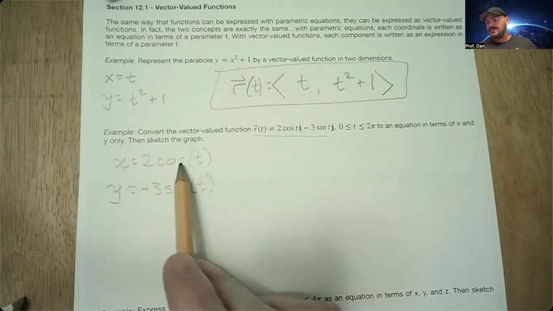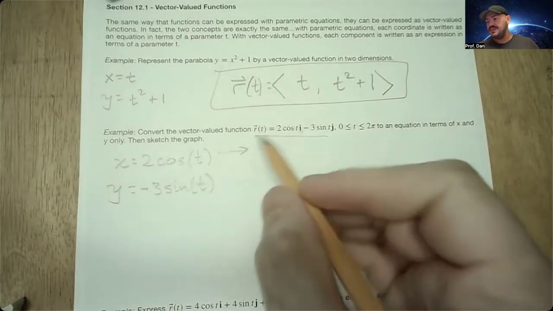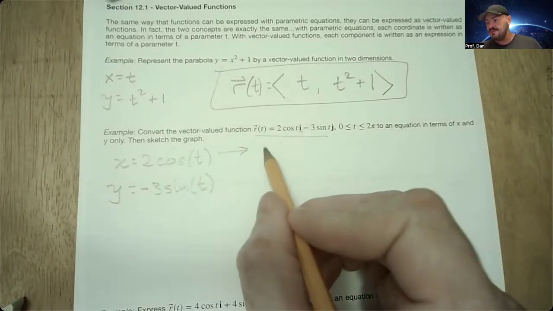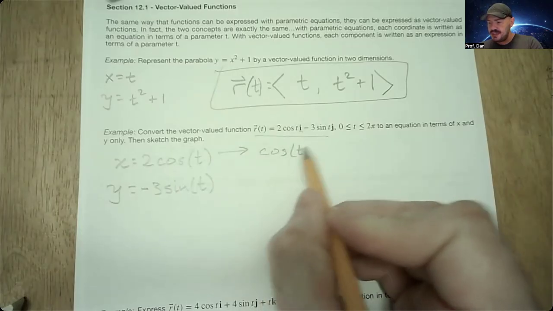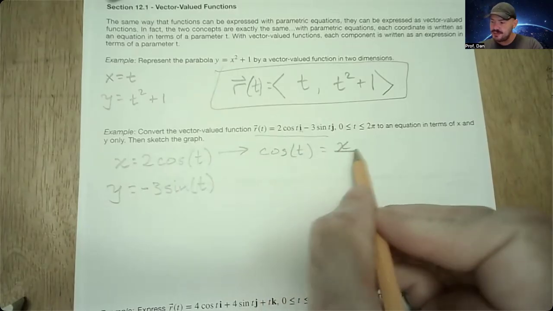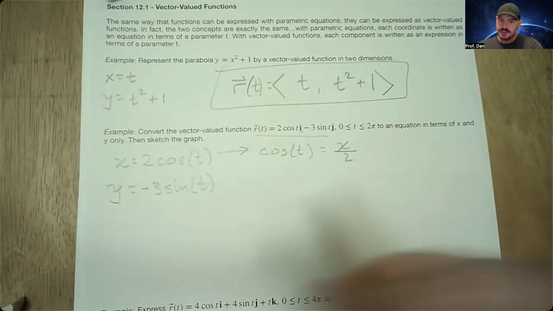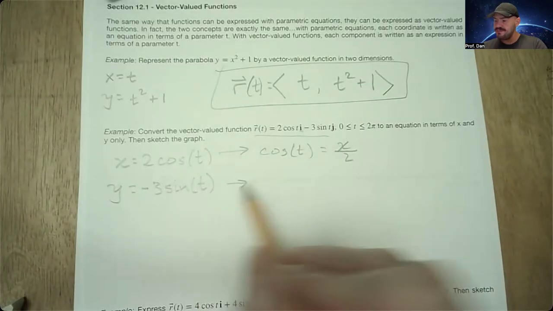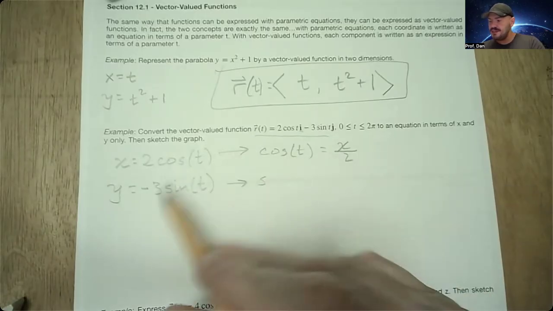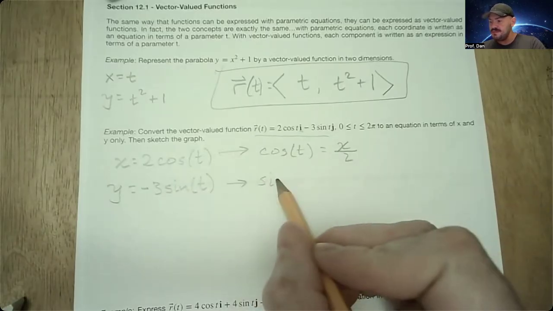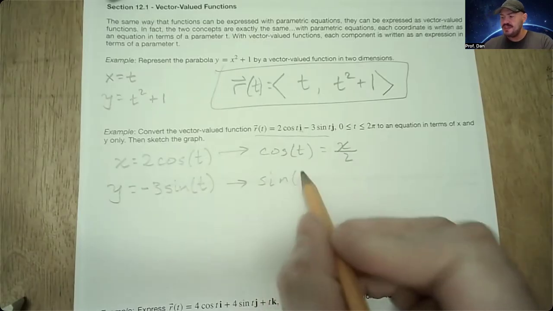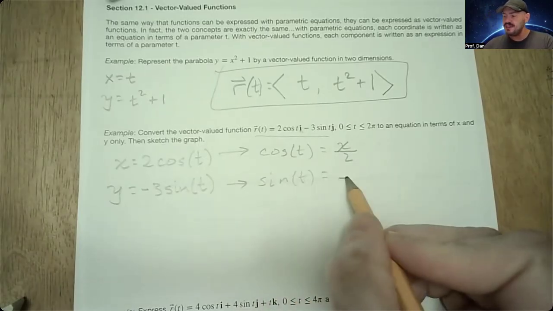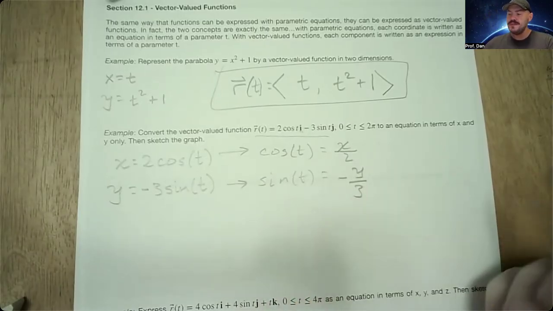So my first step, if I wanted to solve this equation for t, would be to divide by 2. So I get cosine of t equals x over 2. For the equation for y, I could divide both sides by -3. So I get that sine of t is equal to -y over 3.